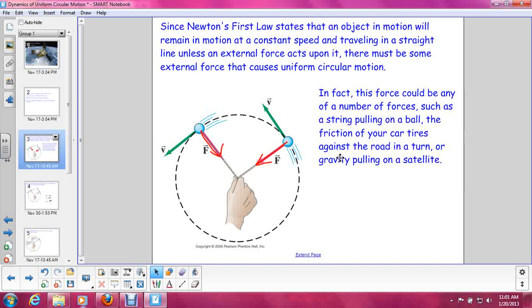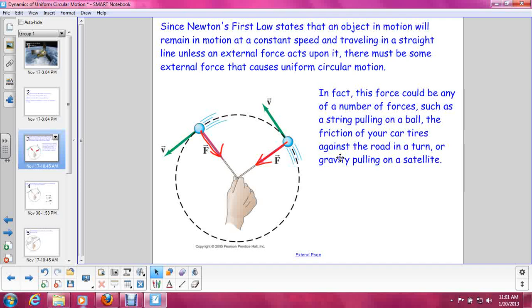And another example of a force keeping something moving in a circle is gravity pulling on a satellite. This is exactly what happens with the moon. So the moon orbits the Earth because there is a gravitational attraction pulling it toward the Earth.